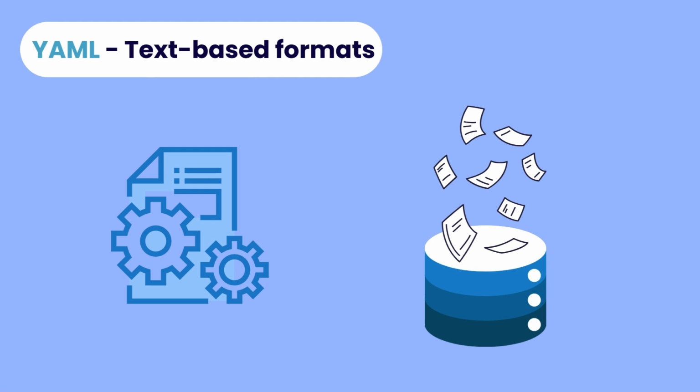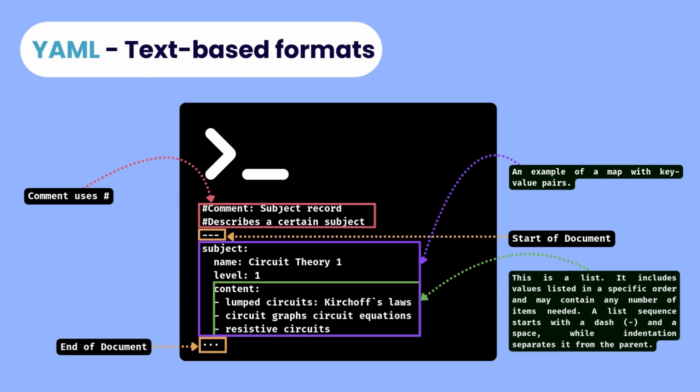A YAML file structure is like a map or a list that allows you to associate key-value pairs, where each key must be unique. These lists or maps follow a certain hierarchy depending on the indentation and how you define your key values. To better understand this, let's look at an example of a YAML data format.